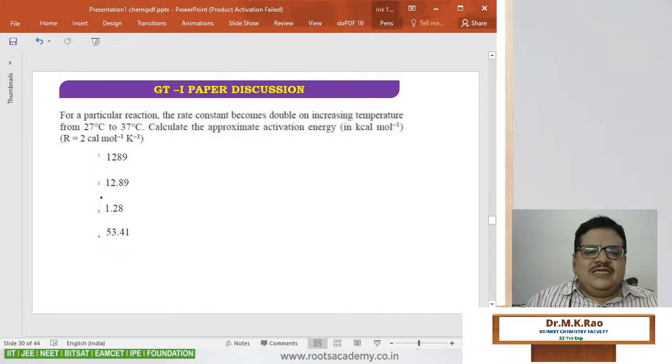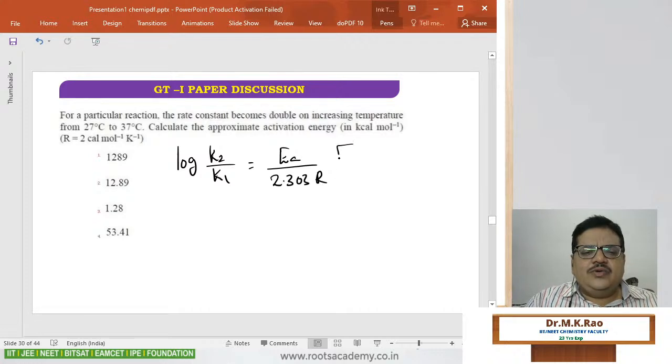There is a formula: log K2 by K1 is equal to Ea by 2.303 R into (T2 minus T1) whole by T1 T2. Here the rate constant is doubled, which means K2 becomes 2K1.